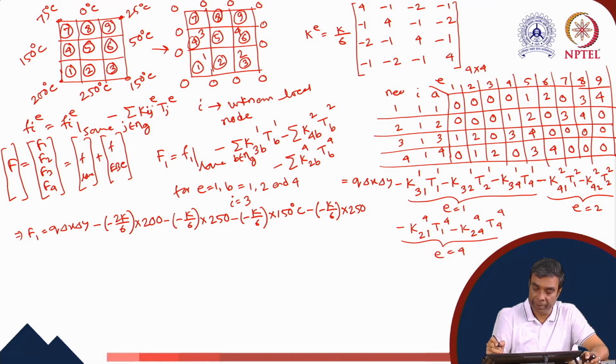The next term is K_422 T_22. K_422 is minus 2k by 6, so minus 2k by 6 into T_22. T_22 is also 250 degrees centigrade.